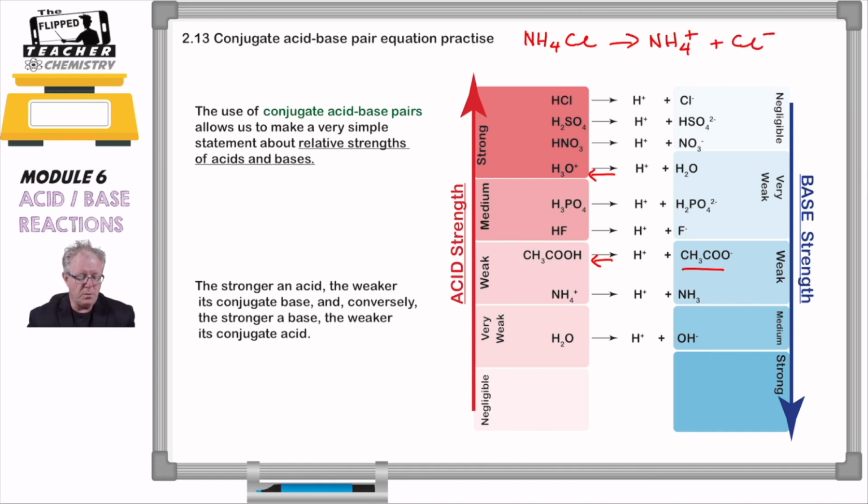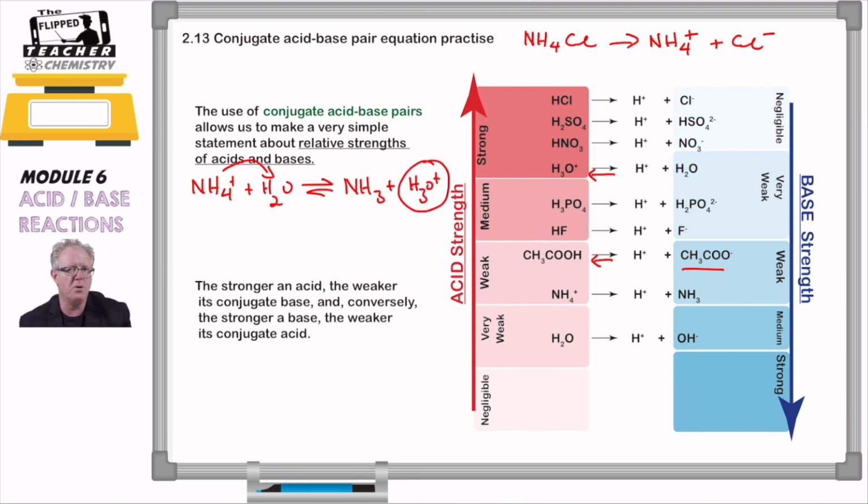Okay, but we know from our acid-base conjugation pairs that if we have ammonium, it has the ability to do that. And so ammonium can react with water, and it will donate that H plus to water to give you ammonia, but will also give you a hydronium ion. And there's the acidic properties of ammonium.